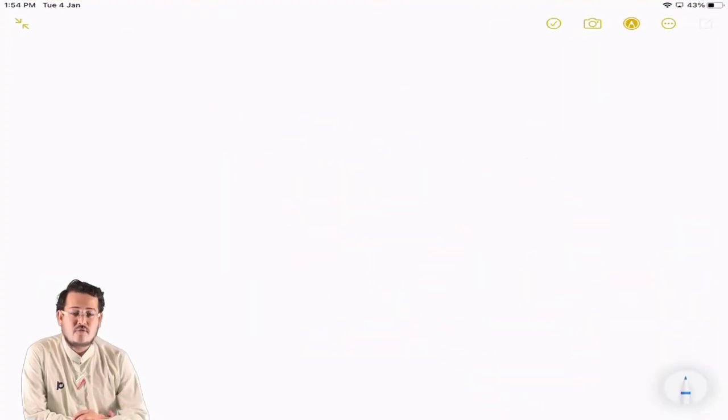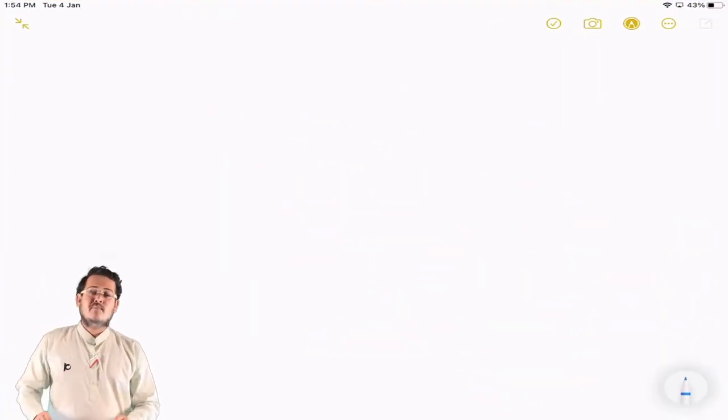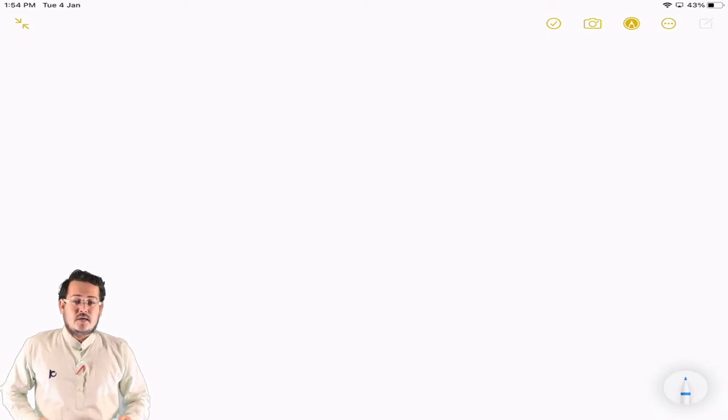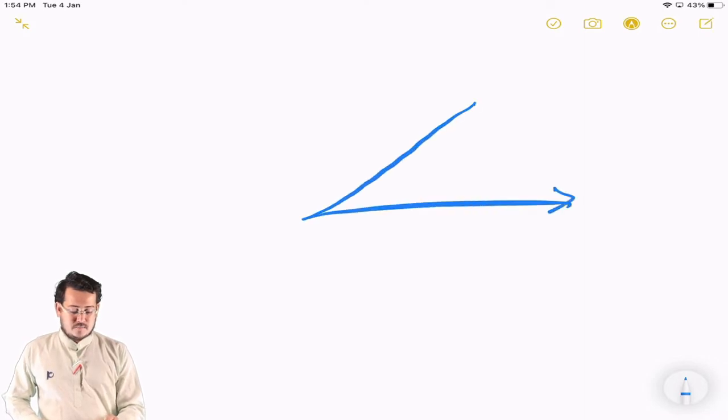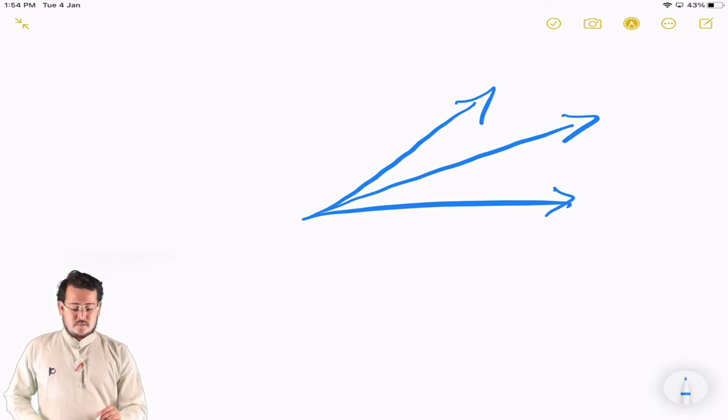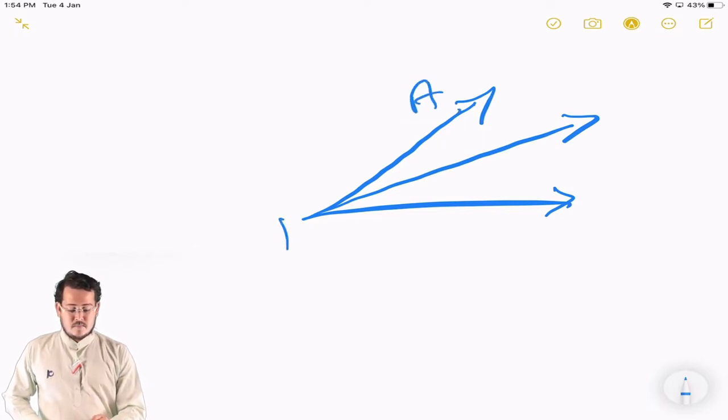For this I will draw a figure. Linear pair says that there should be two angles. Two angles, they should come in one, they are called adjacent angles. If I am drawing an angle, and this is angle A, B, and this is C, and this is D. So I am having an upper angle and a lower angle.